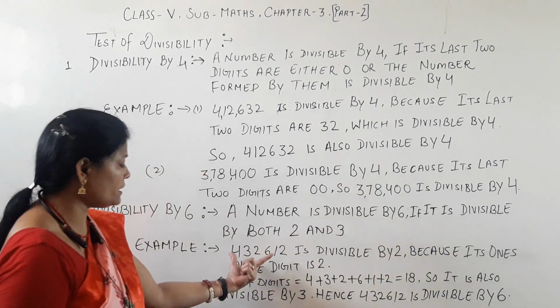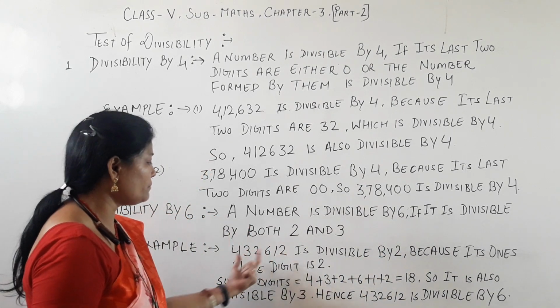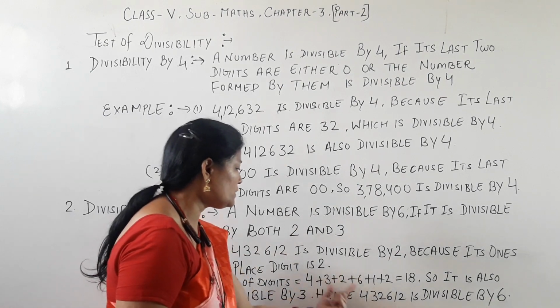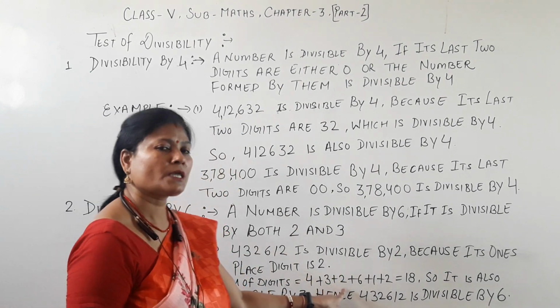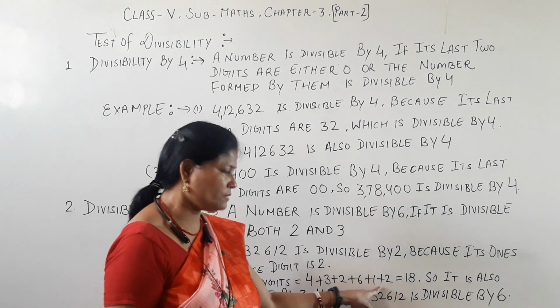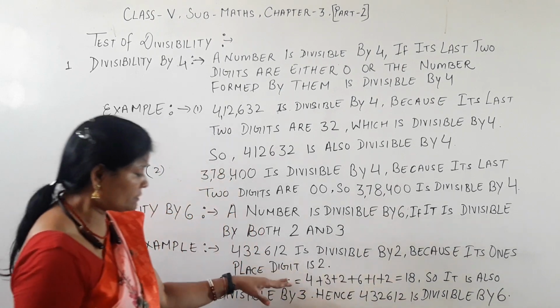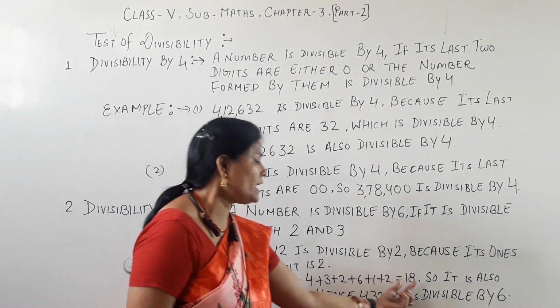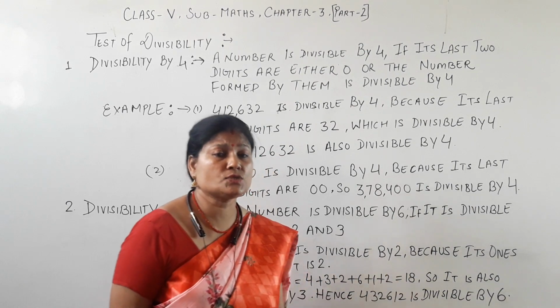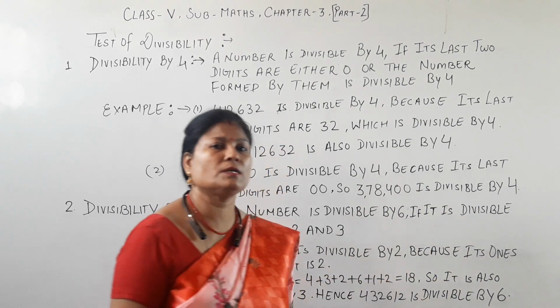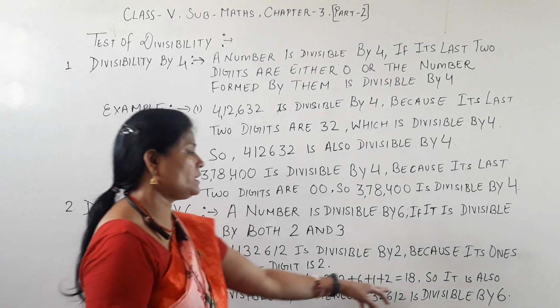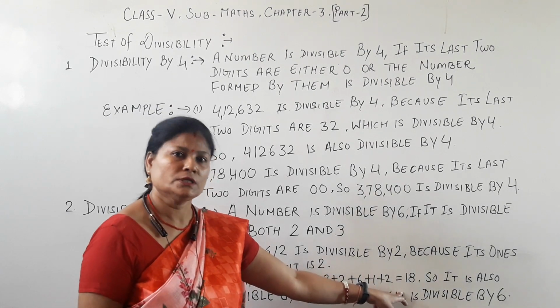We will write down all the digits: 4 plus 3 plus 2 plus 6 plus 1 plus 2. After doing addition, I get 18. See children, 18 is divisible by 3 because 18 is a multiple of 3.